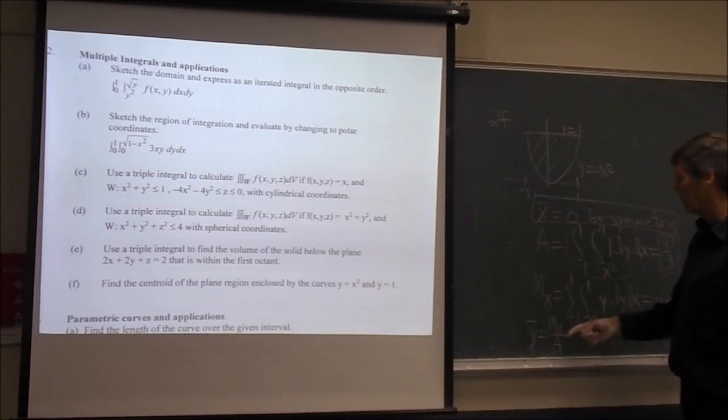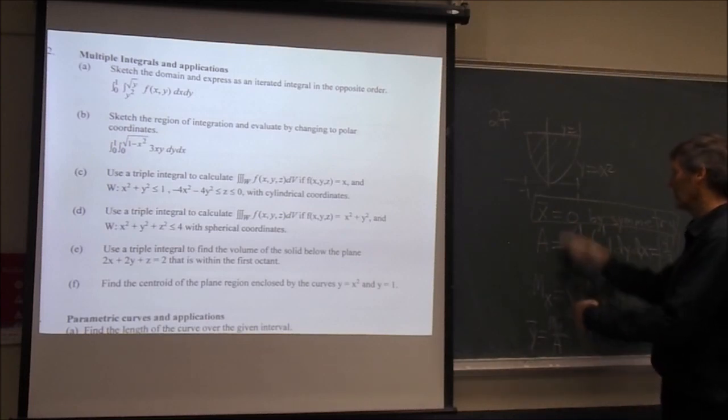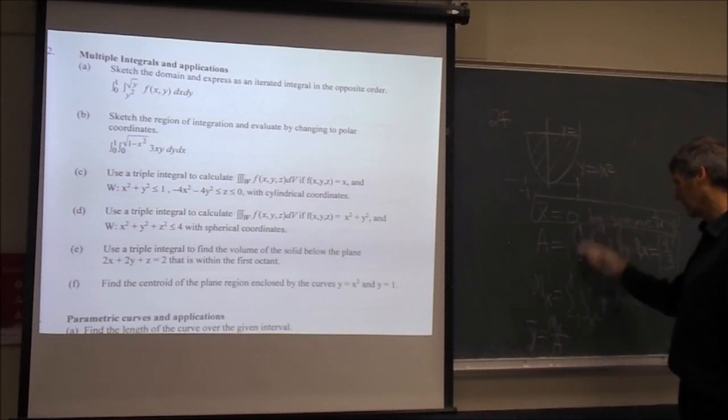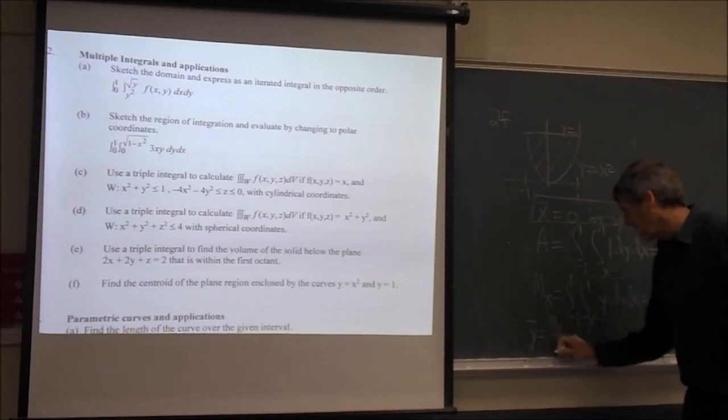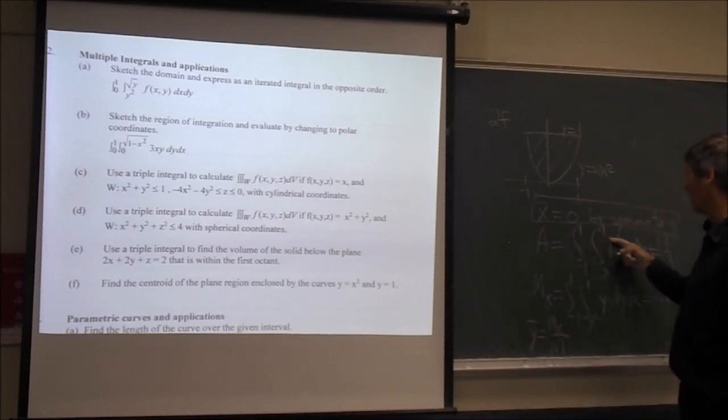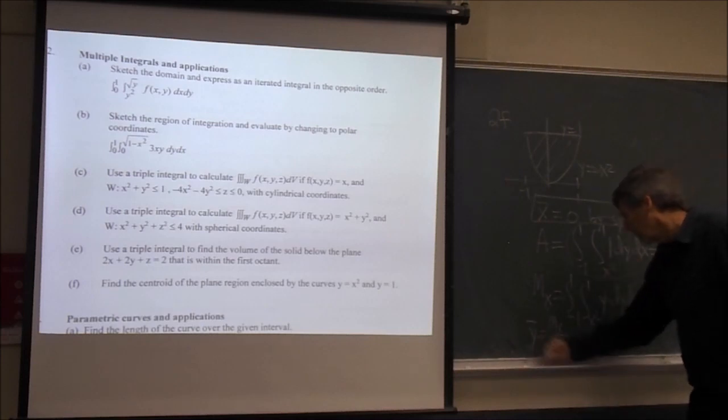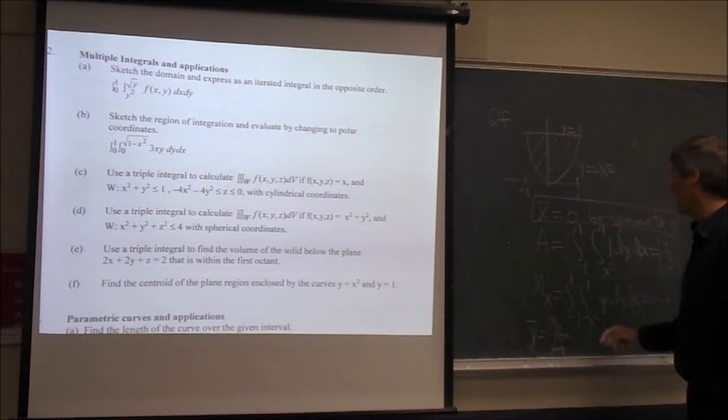And then y bar, the center of mass, or in this case the centroid, since you're taking density 1, is just mx over a. If you're finding the center of mass, you take mx over m, where you put the density function in. So this is just mx over a, whatever you calculate here, over 4/3.